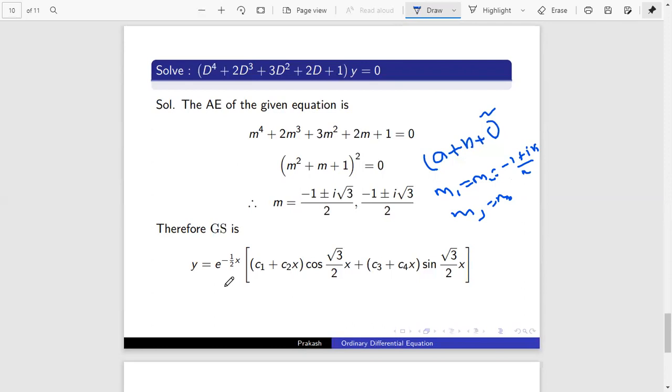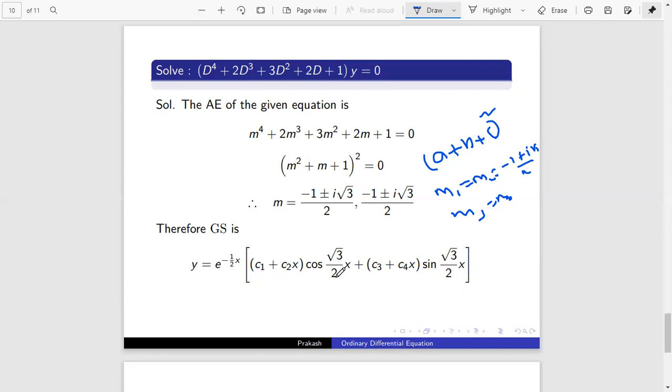As I already told in case 4, I can write the solution exactly as discussed in case 4, that is e power alpha x, e power minus 1 by 2 x, (c1 plus c2 x) cos root 3 by 2 x plus (c3 plus c4 x) sin root 3 by 2 x.